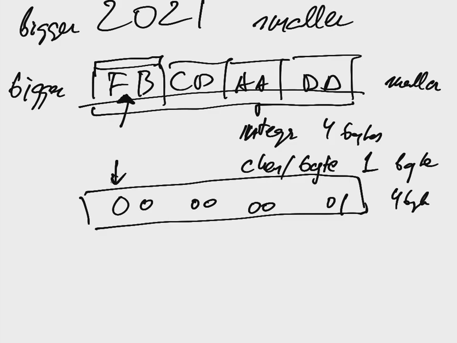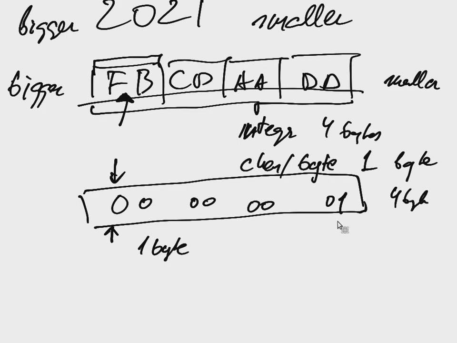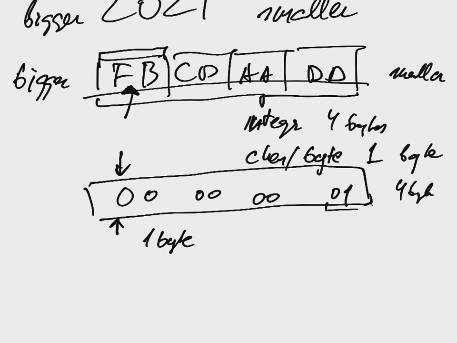So if you read it as an integer, you start reading from here and read 4 bytes. But if you are a sloppy programmer, like for the IBM PC, and instead of reading 4 bytes you read just 1 byte, instead of 1 you read just 0, because 00, 00, 01 is only after 3 bytes here to the right.